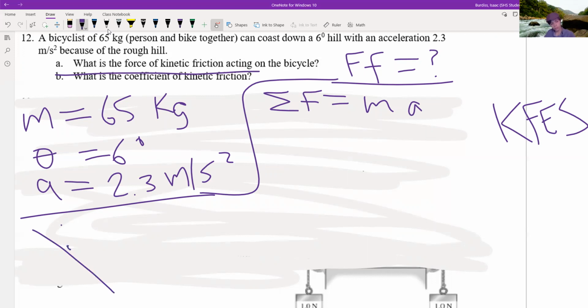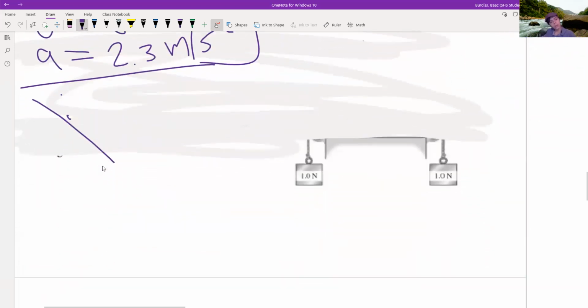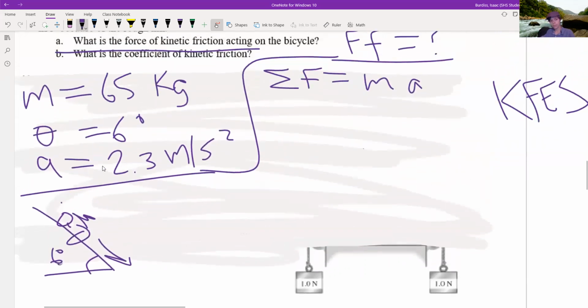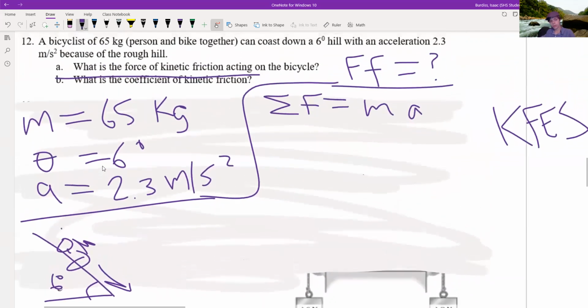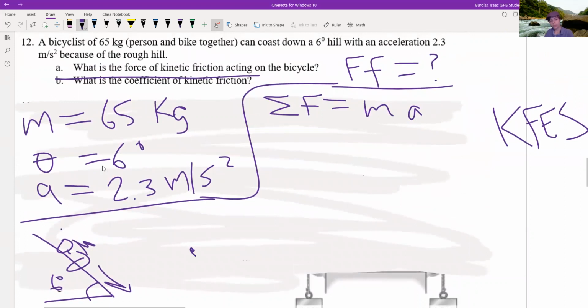It's not letting me draw. Right, that's a terrible picture. Don't care. It's down a 6-degree angle, right? And they're going down it, right? Down. Okay. And now we do the free body diagram.